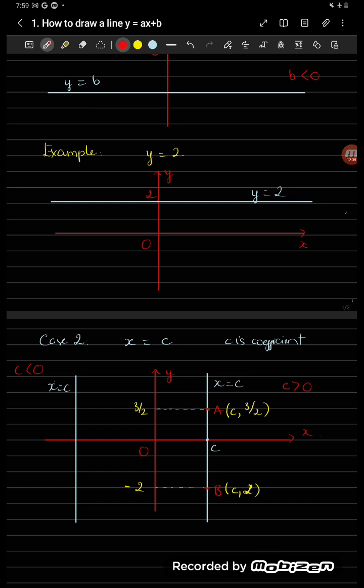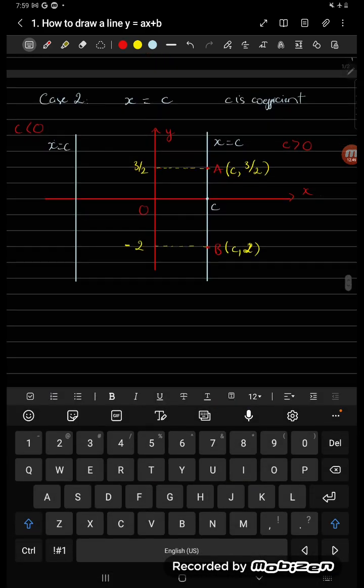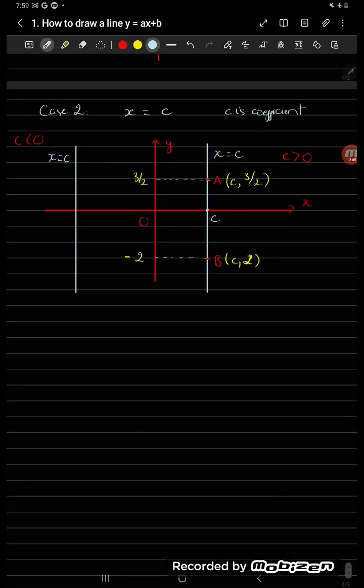If c is positive, it is on the right side of OY. If c is negative, it is on the left side of OY. So that's case 2.